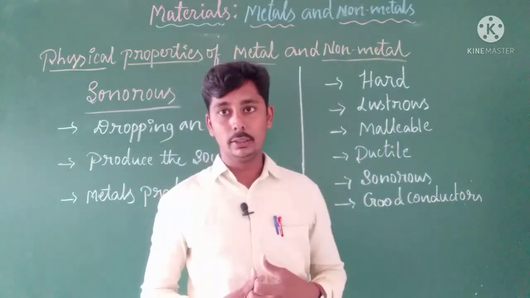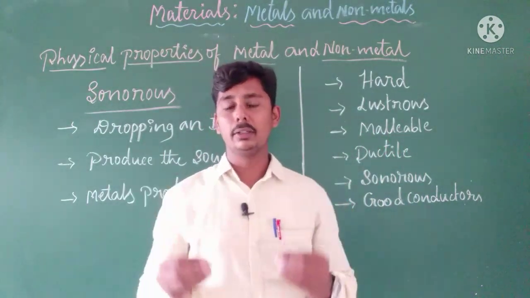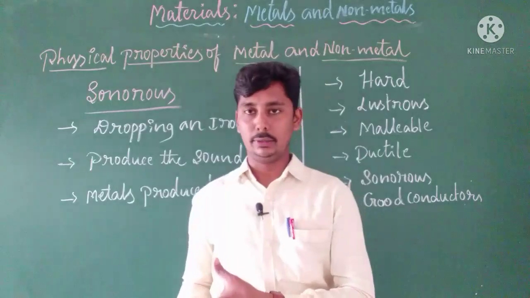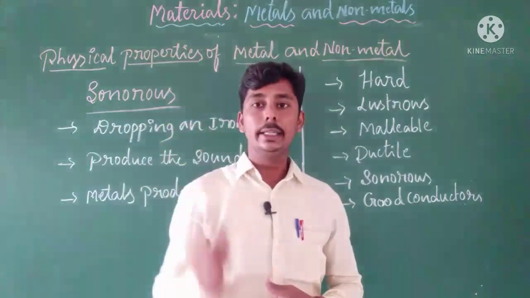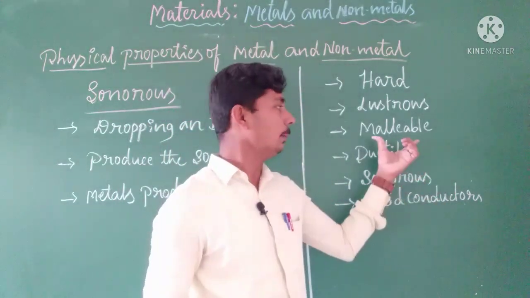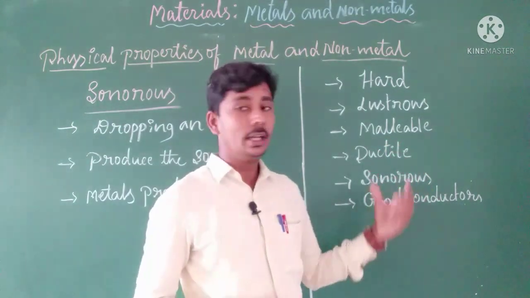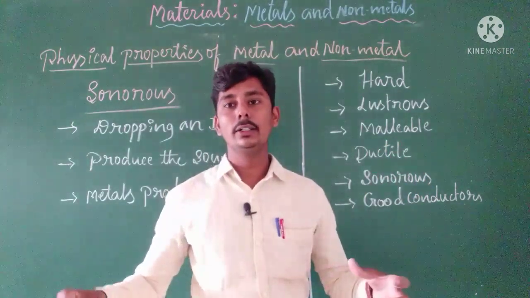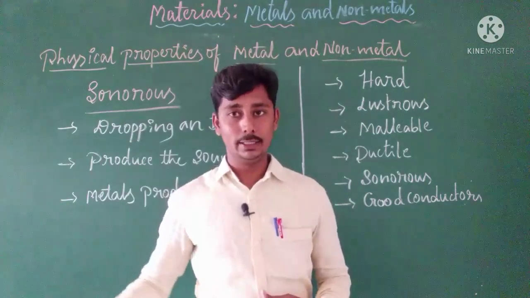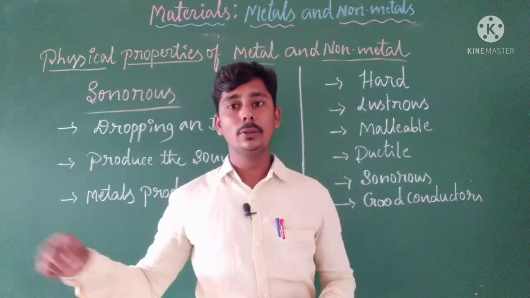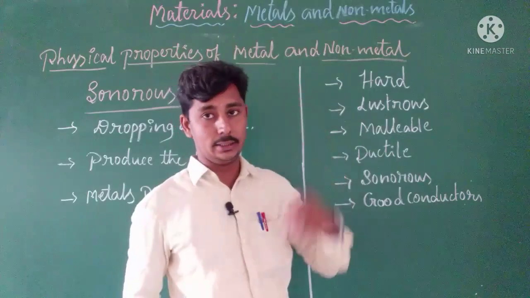And malleable: we can make a thin sheet by beating. That is malleable. Next, ductile: we can draw them into thin wires. Materials which can be drawn into wires are called metals.